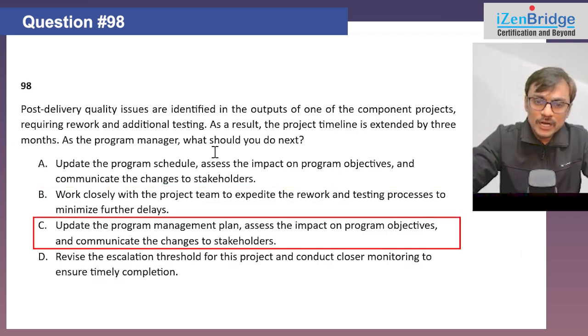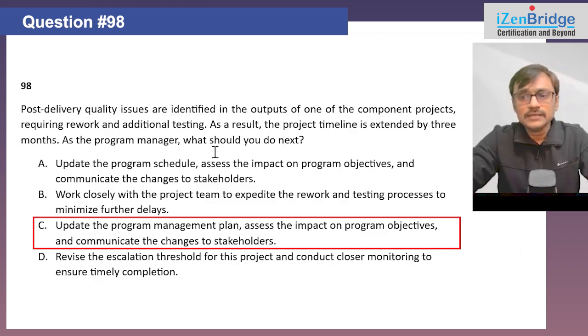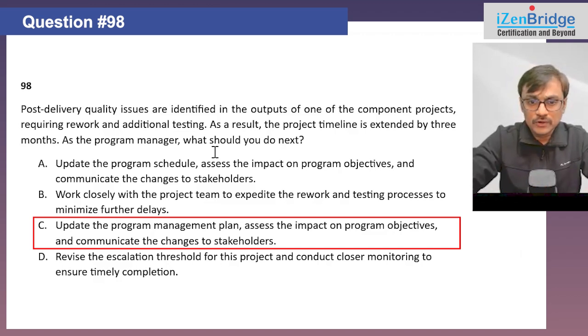Option C, update the program management plan, assess the impact on program objectives, and communicate the changes to stakeholders. So if I compare A and C, C is better because it is talking about other elements of the program as well. There is most likely an impact on cost, and on elements related to risk and benefits.